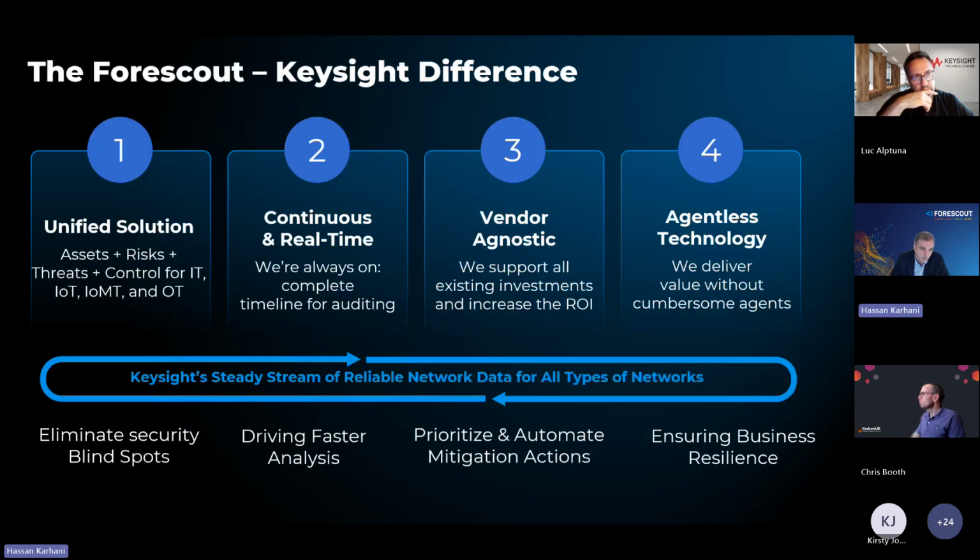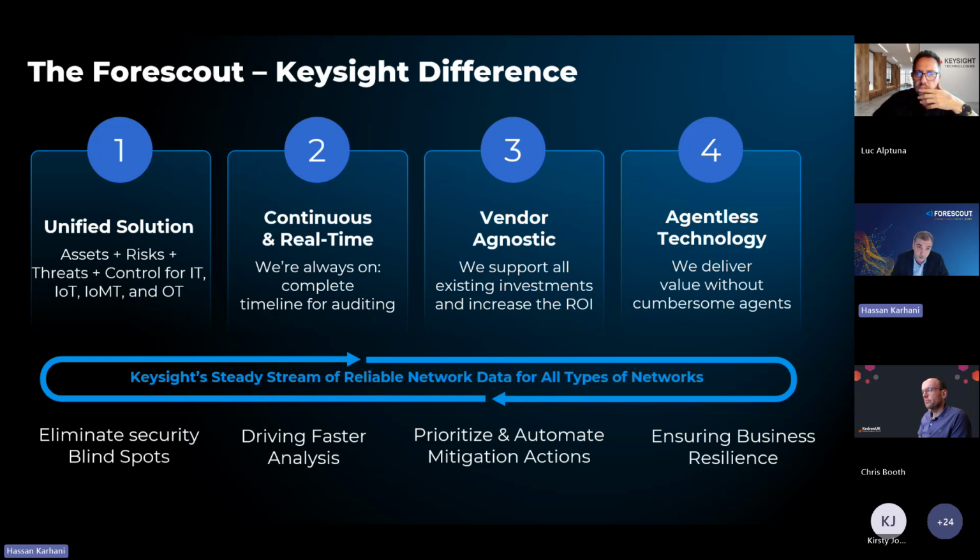As a summary, we've seen Keysight basically having a steady stream of reliable network data can help us eliminate the security blind spots, drive faster analysis, prioritize and automate mitigation actions, and ensuring at the end truly the business resilience, along with Forescout differentiators when it comes to being a unified solution covering your assets, risks, and threats, and providing control across different types of devices found in IT, IoT, medical, or operational technology.